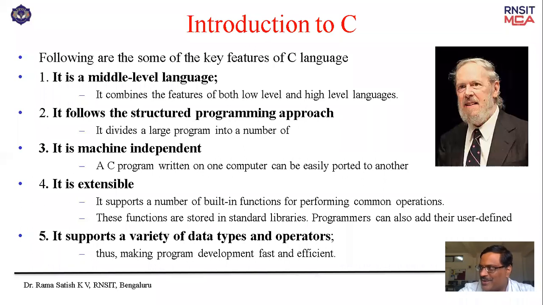I could not recognize your voice and the name, but congratulations, you have said the answer correctly. In fact, C was developed by him, Dennis Ritchie, at Bell Labs in 1974. And C is a very powerful language.